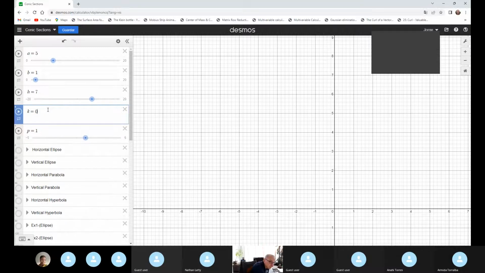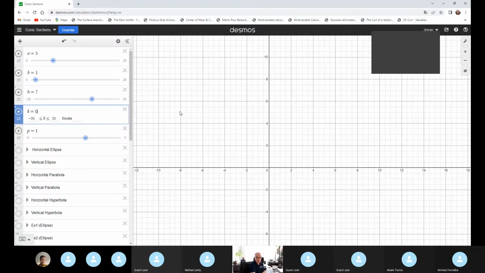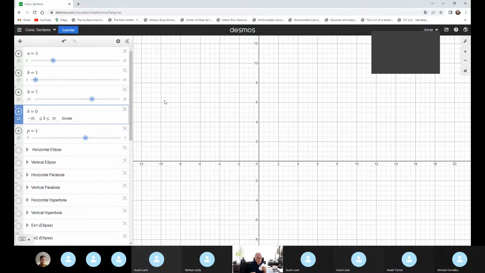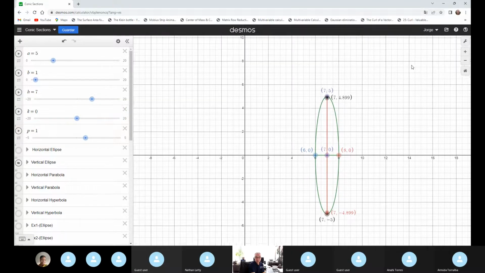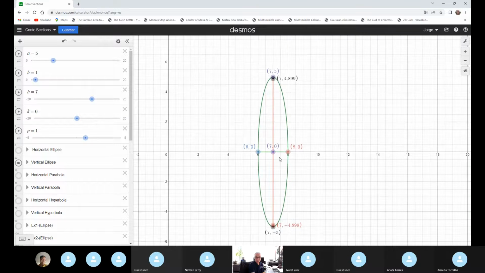And for the ellipse, we need to set up only a, b, h, and k. And I categorize my example, my ellipse, like a vertical one, because on the paper I analyzed a vertical ellipse. Boom, look at that. Conclusion, the center is located at the point (7, 0).